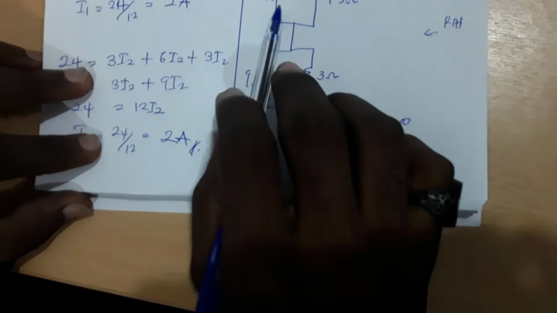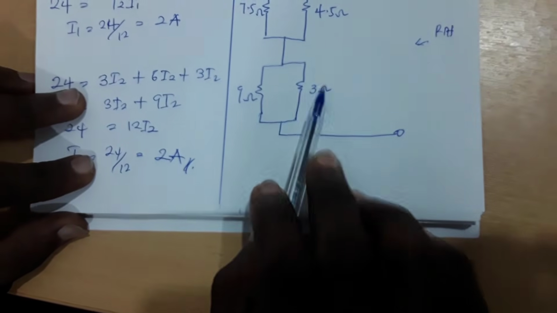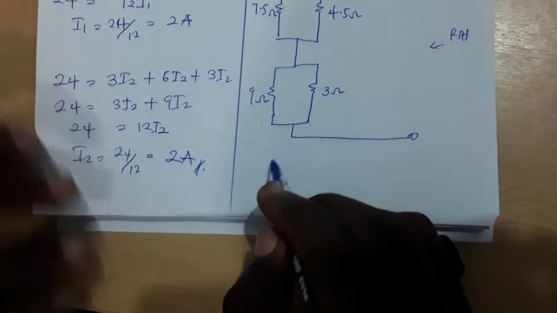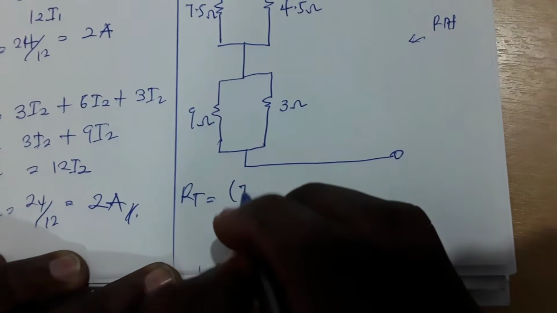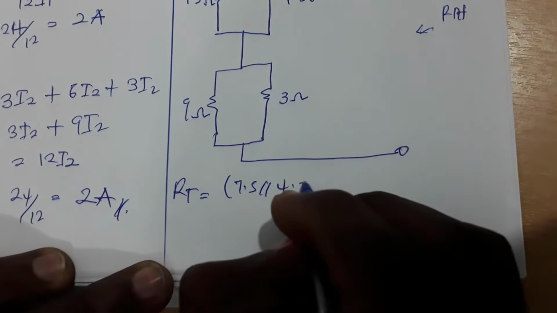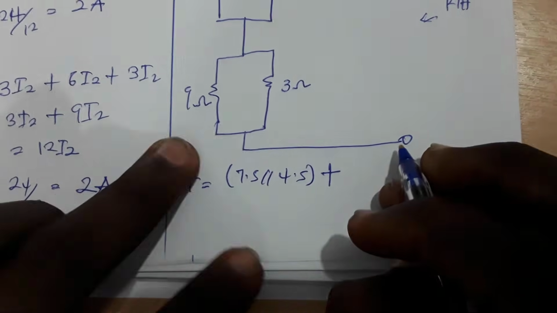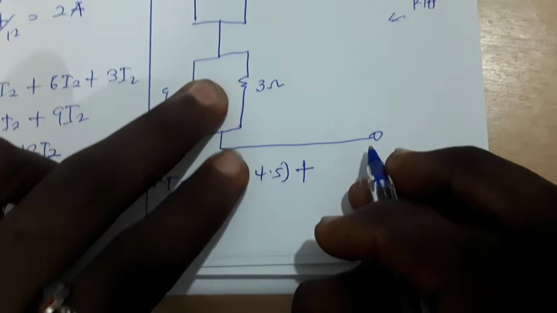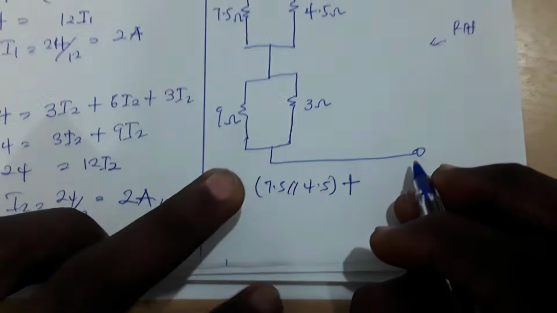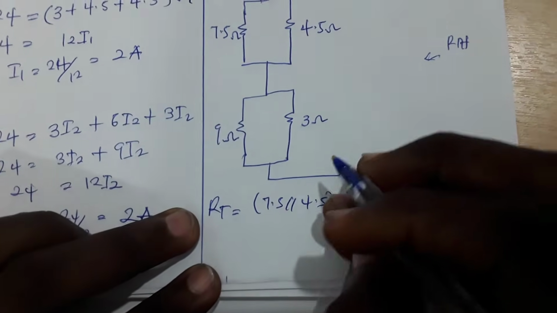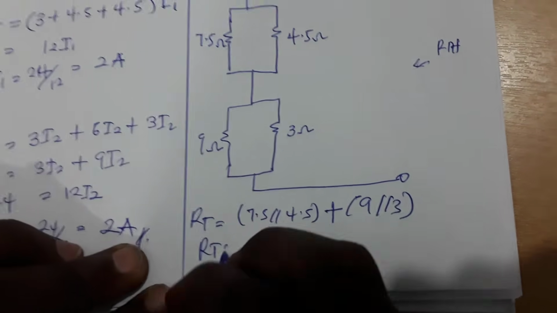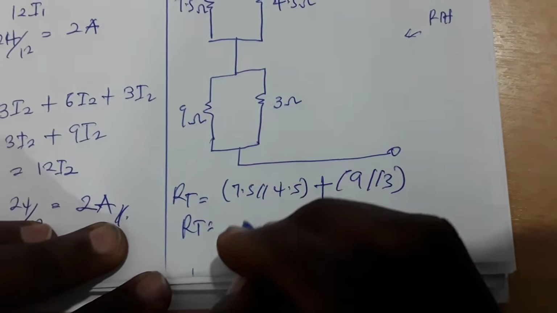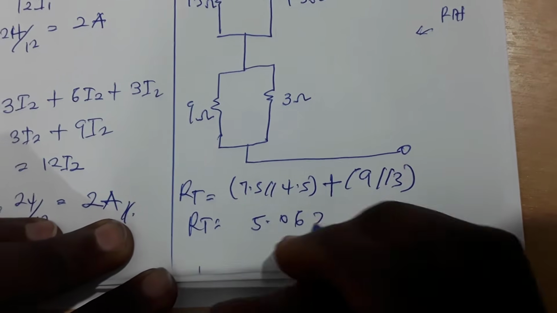And these two parallel combinations are all in series. So our total will be 7.5 parallel 4.5 in series with the parallel combination of 9 and 3. So it will be 9 parallel 3, and after calculating you should get 5.0625.